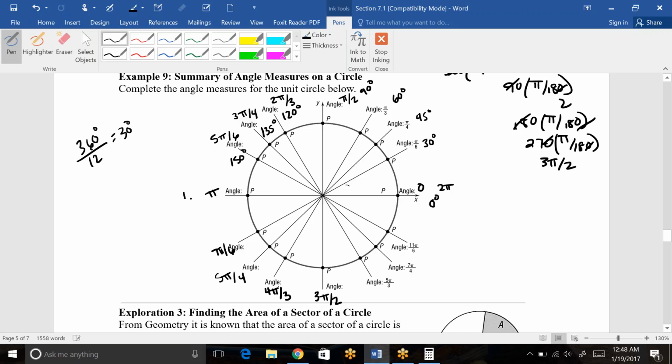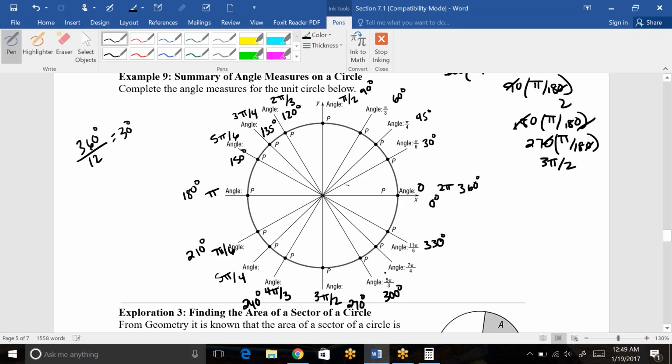This is 180 degrees. This would be 210. This is another 30 from that over here, so that's 240. Another 30 would be 270. Another 30 is 300. Another 30 is 330, and remember this is 360 degrees as well.